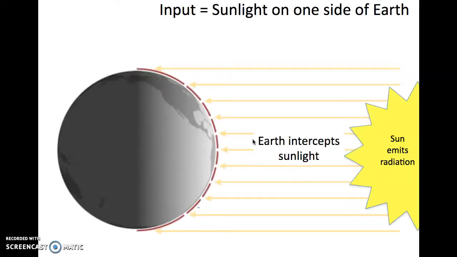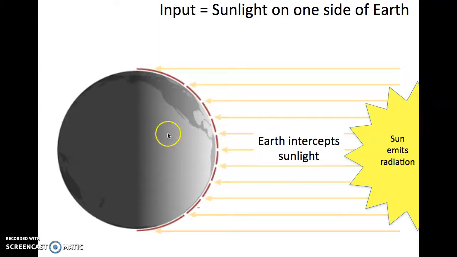Okay, so this is a model that we're going to refer back to over and over again. Here's the sun. The sun emits radiation, and some of that radiation gets intercepted by the Earth, and the Earth absorbs it. We're going to call this the input of Earth's energy. Yes, the Earth gets some of its energy from deep inside of the Earth.